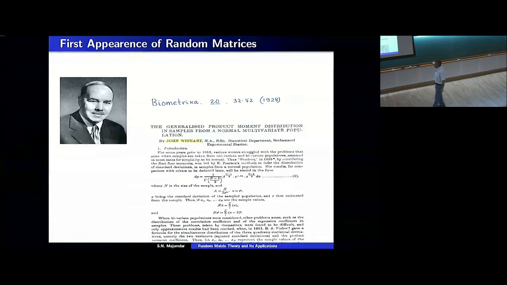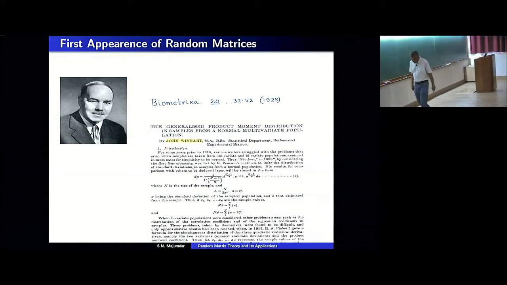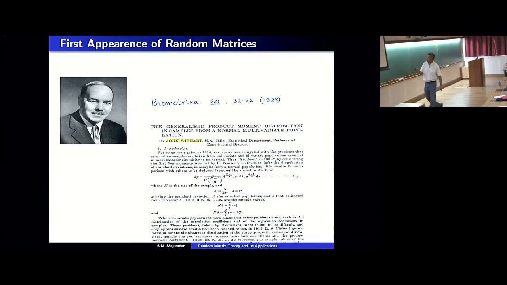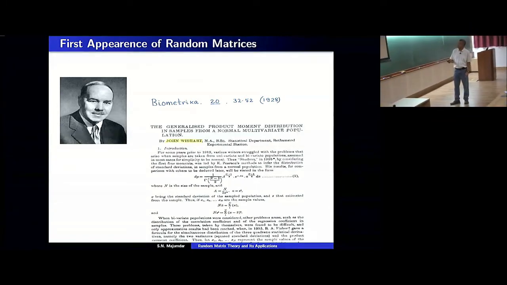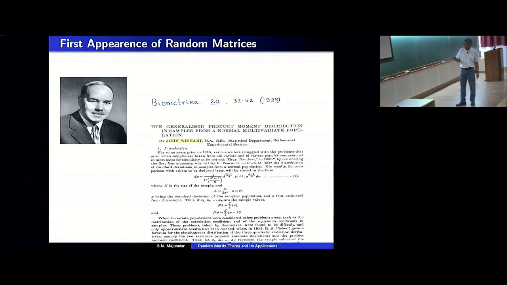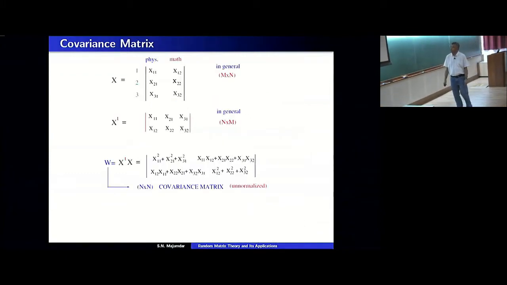Okay? And he was a statistician, so he was interested in a very simple question. So what is the question? This was much before physics, okay. So this question can be formulated as follows. Imagine a simple example: you have a class like this, and you have, let's say, 2 subjects, physics and maths, and let's say you have 3 students, okay.